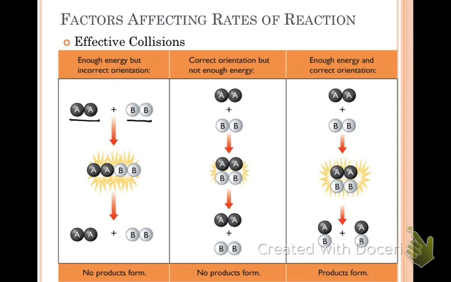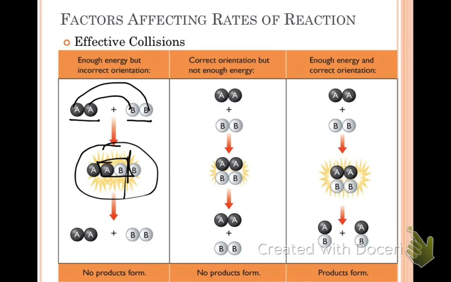That energy is being represented by those little star-like parts to the middle right here. But there's not correct orientation. So pretty much we want an A to combine with a B on either case. But if you only have one A attached to one B, well, these guys won't ever see each other. So that's not correct orientation.